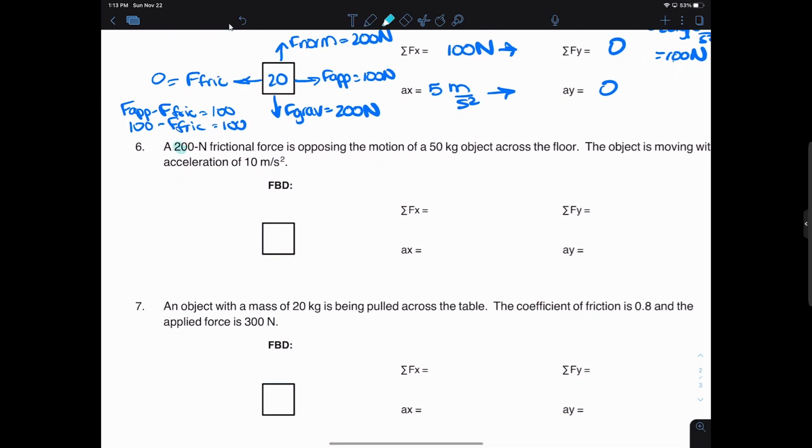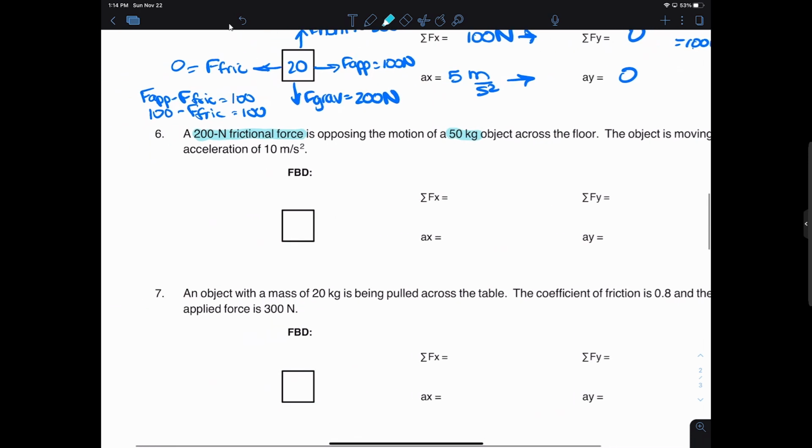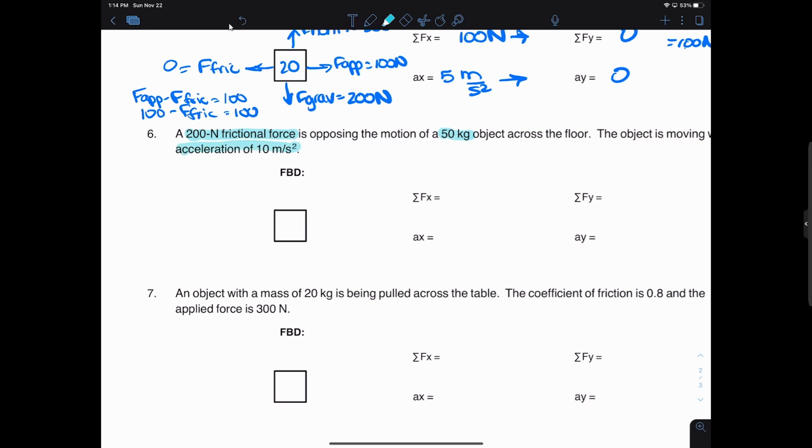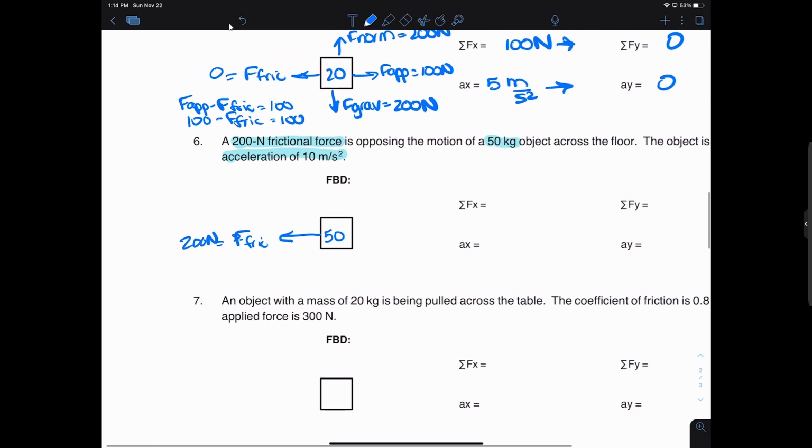Number 6, a 200 newton frictional force opposing the motion of a 50 kilogram object. It's moving with an acceleration of 10 meters per second squared. So we've got a 50 kilogram object. There is a 200 newton frictional force opposing the motion. It's moving with a 10 meters per second squared acceleration.